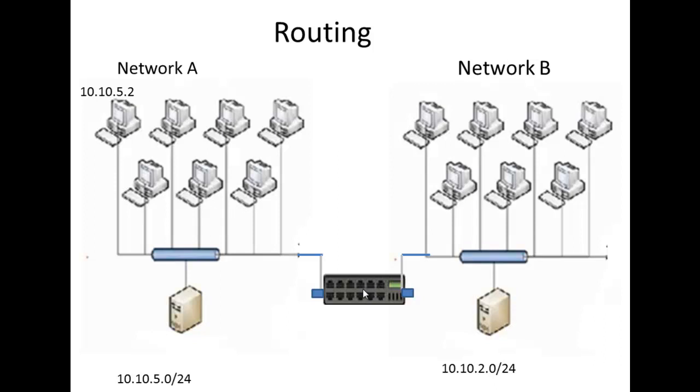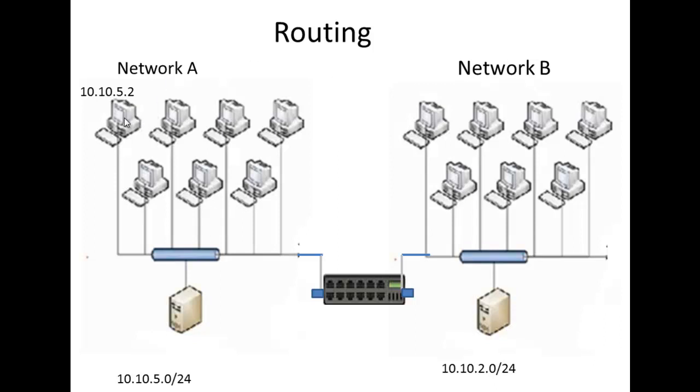Some networks advertise their routes. They advertise destination addresses, subnet mask, and default gateway, so that the routers automatically pick up that information.